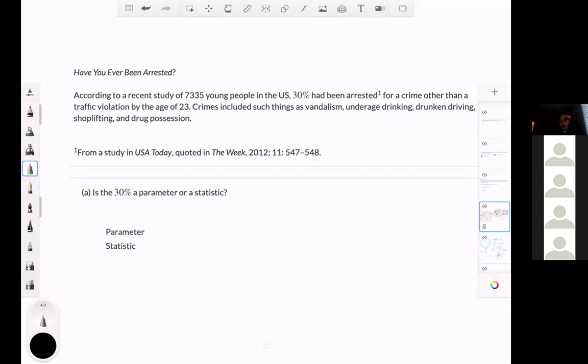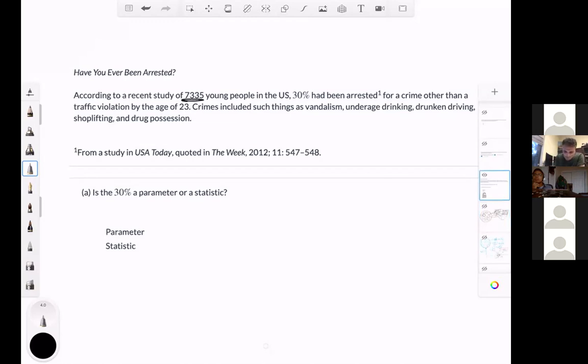I think it's a statistic. I'm going to have to agree, it is a statistic. A parameter is something regarding the population. A statistic is from a sample. So all you have to ask is, is this a sample or the population? They're saying this much, that's not the population. They study only that, 7,335. So this will be a statistic. Very nice.